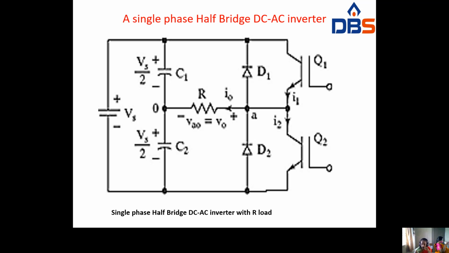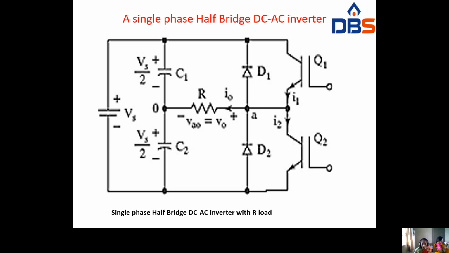Here we have two transistors and two diodes, and the load is connected in the middle of the capacitors, and this is taken as the source Vs. The source input is divided into two parts, Vs by 2 across capacitor C1 and Vs by 2 across C2.